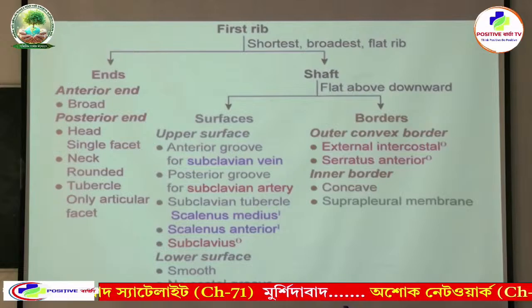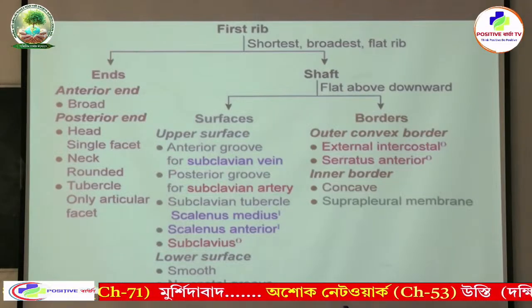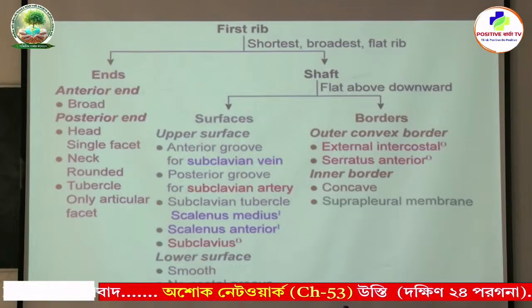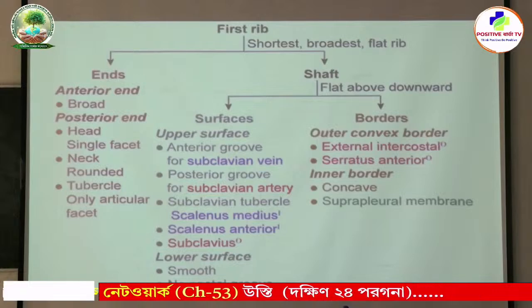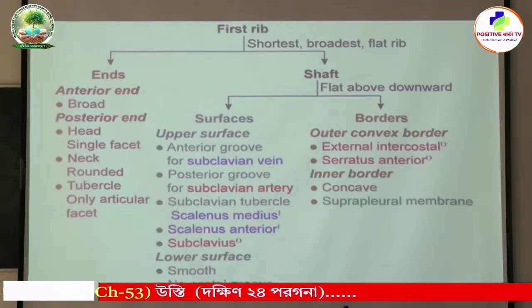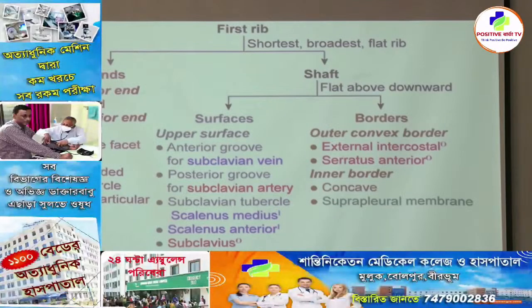Upper surface: anterior groove for the subclavian vein, posterior groove for the subclavian artery. The subclavian tubercle provides attachment to scalenus medius, posterior to the groove for the subclavian artery, and scalenus anterior is attached to the scalene tubercle, and subclavius originates from the first costochondral junction.